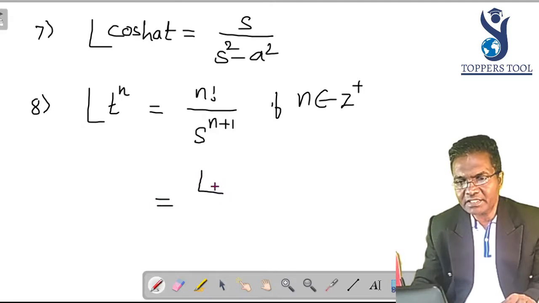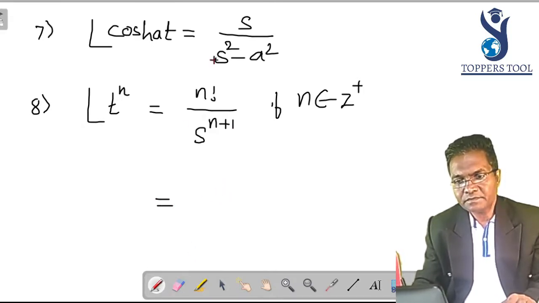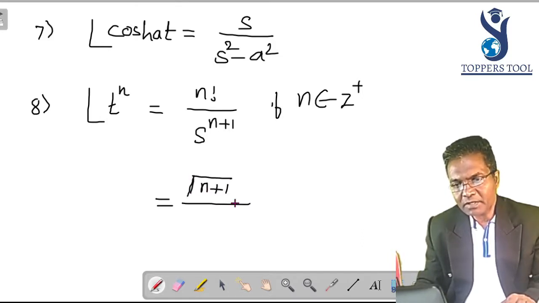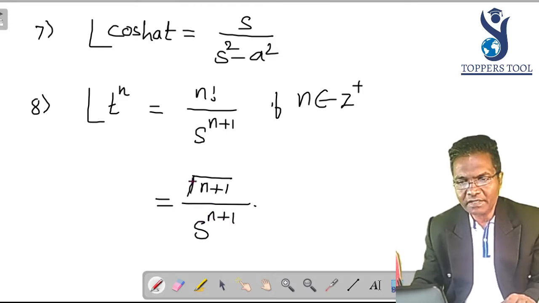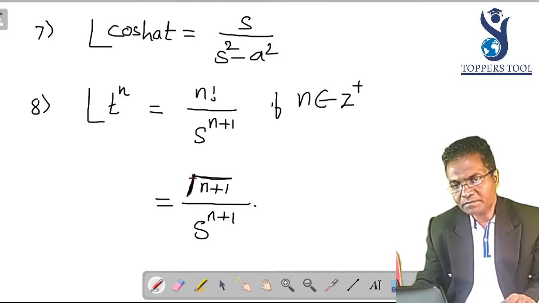If it is not an integer, it is gamma n plus 1 by s power n plus 1, if n is something like 1 by 2, and so on.